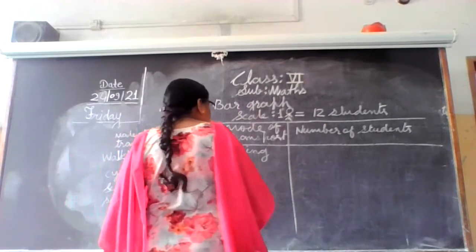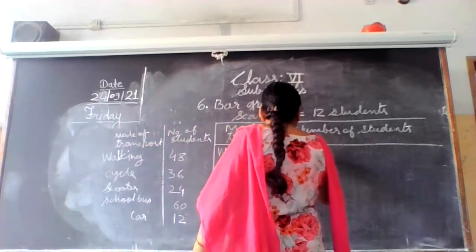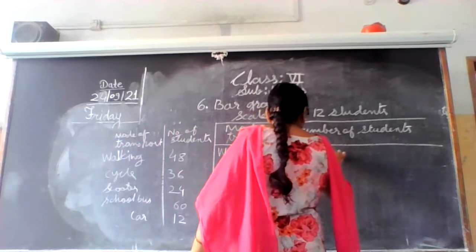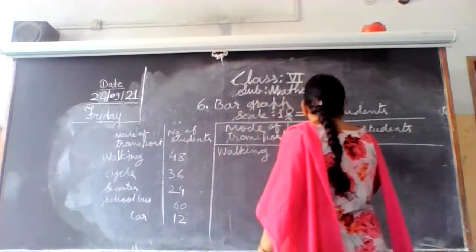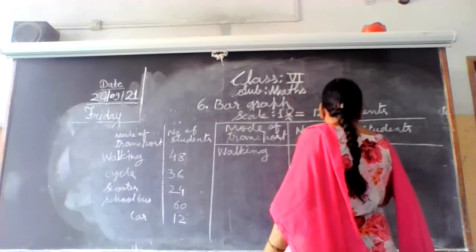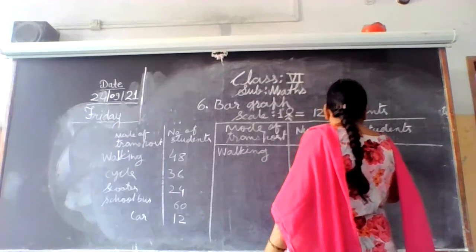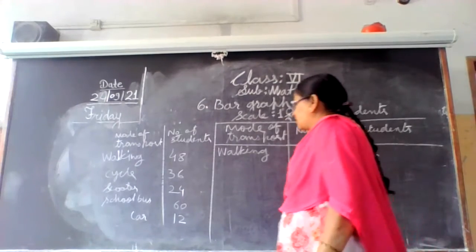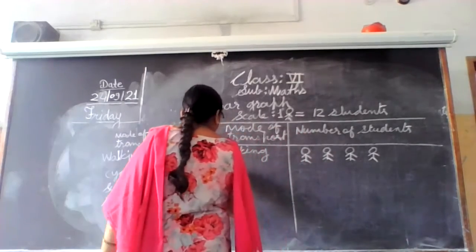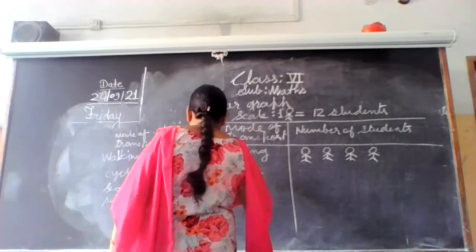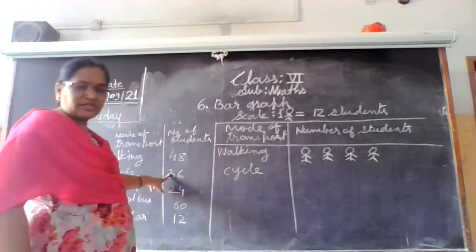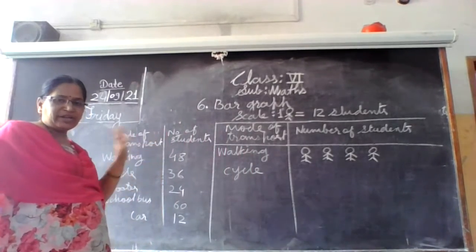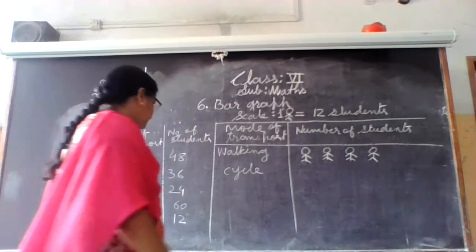So how many? 4. Then cycle. 36 students come by cycle. 36 divided by 12 is 3.